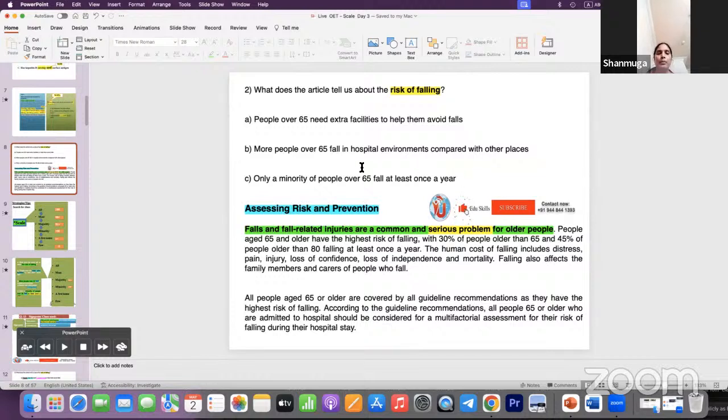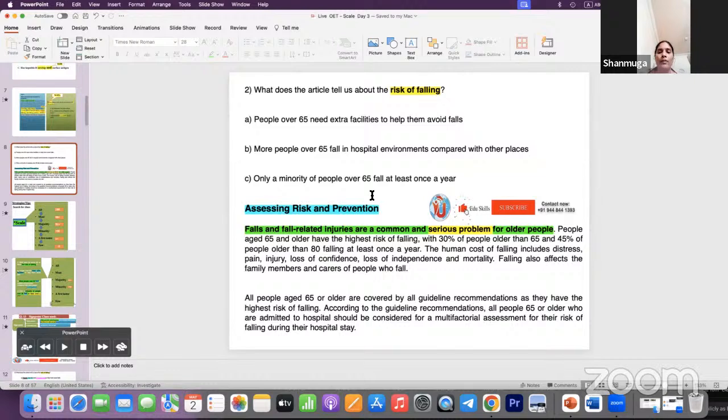Assessing risk and prevention. Falls and fall-related injuries are a common and serious problem for older people. People aged 65 and older have the highest risk of falling, with 30% of people older than 65 and 45% of people older than 80 falling at least once a year. The human cost of falling includes distress, pain, injury, loss of confidence, loss of independence, and mortality.